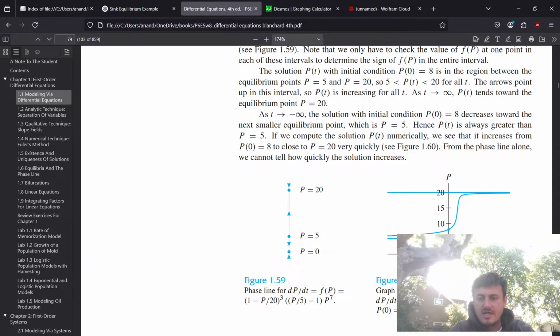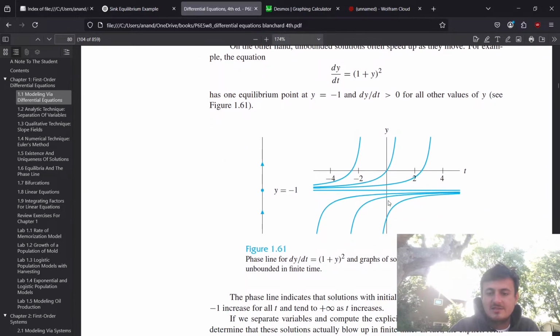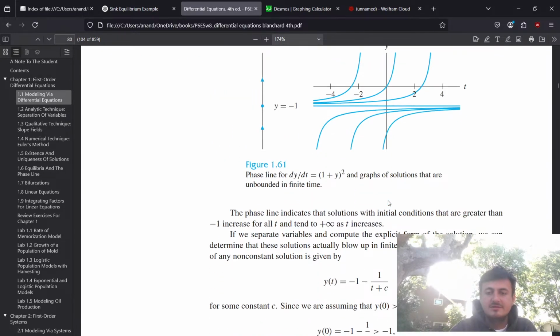I guess it's, oh, it's that. Okay. All right, I wanted to read this. This one's good. Warning, not all solutions exist for all time. It's always these quadratics, bro, with this tanh nonsense or something. I hate those.